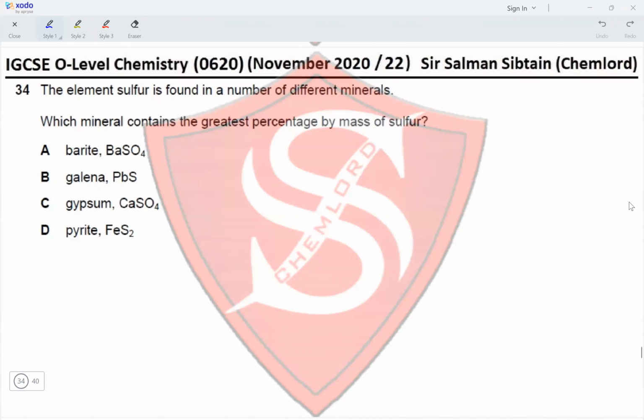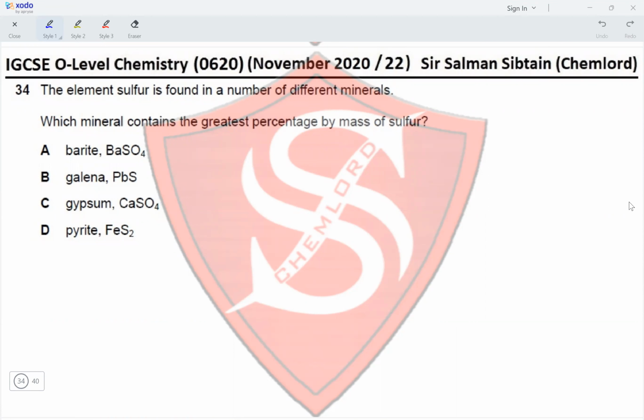Question 34. The element sulfur is found in a number of different minerals. Which mineral contains the greatest percentage by mass of sulfur? So we have got barite, barium sulfate. We have got galena, which is lead sulfate. We've got gypsum, which is calcium sulfate, and we've got pyrite, which is FeSO4.